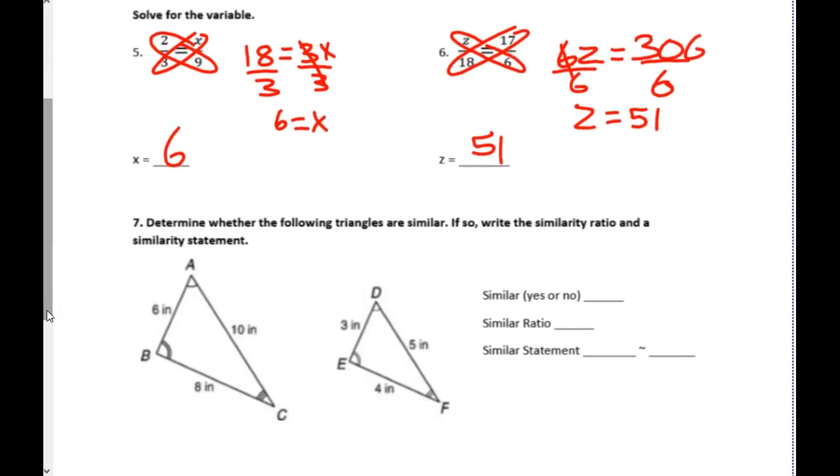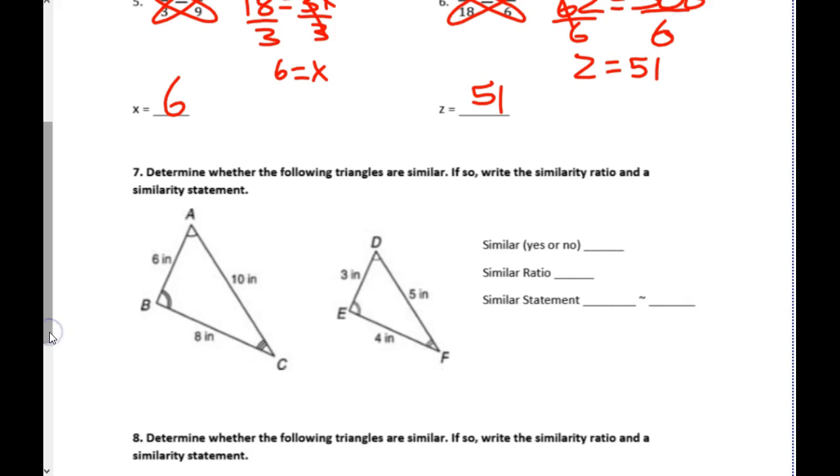Determine whether the following triangles are similar. If so, write the similarity ratio and similarity statement. Okay. So let's connect our corresponding sides. Alright, so let's go from left to right. So we'll do the new one over the original one.